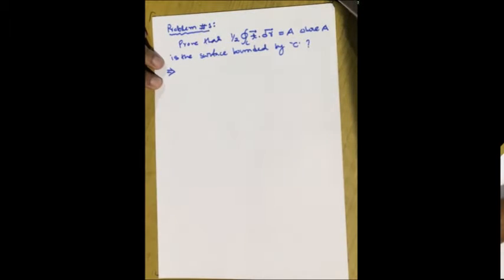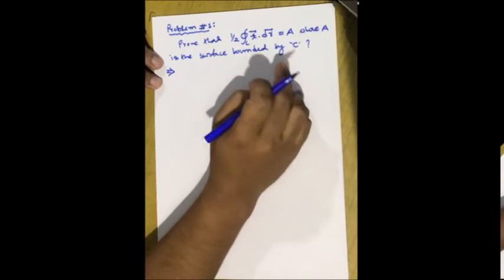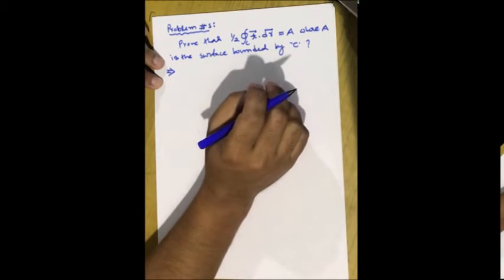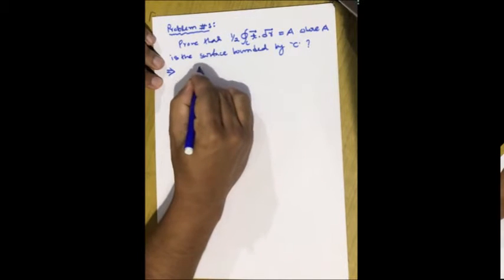So we are given that half into T dot dr is equal to A, where A is the surface bounded by the loop C.